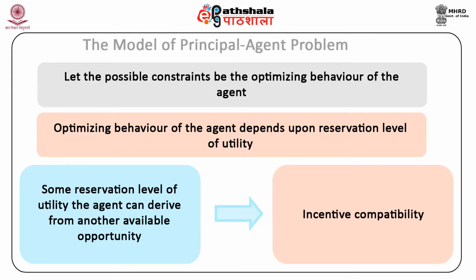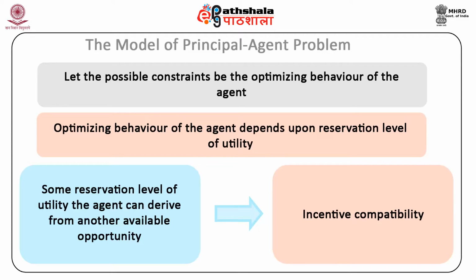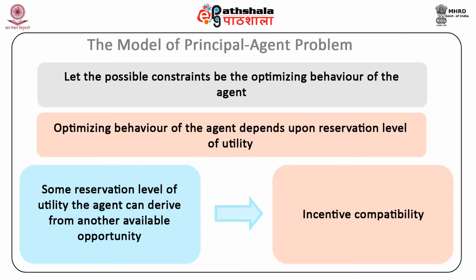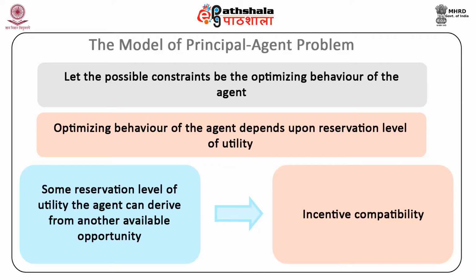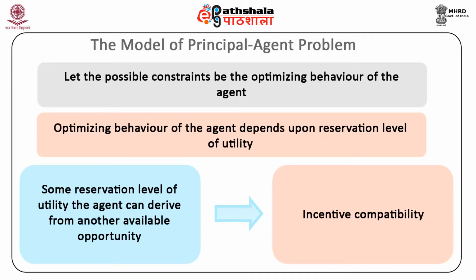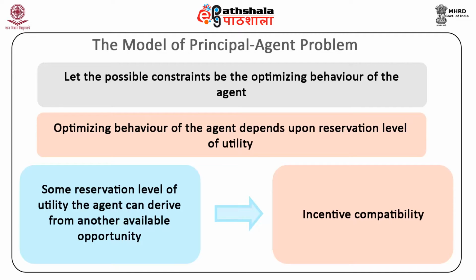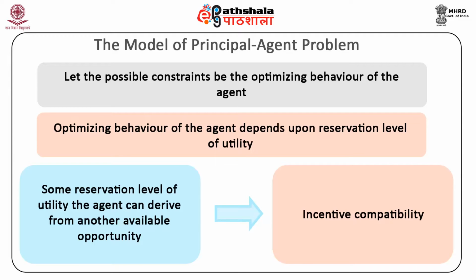Firstly, there is some reservation level of utility the agent can derive from another available opportunity, and thus it is the responsibility of the principal to ensure that at least this reservation level is paid or offered for the agent to be willing to participate. This is known to economists as the individual rationality constraint or simple participation constraint. Incentive compatibility is the second constraint that the principal faces due to the optimizing behavior of the agent.